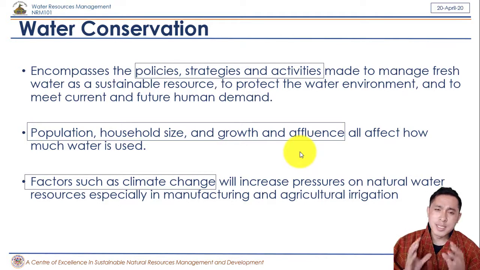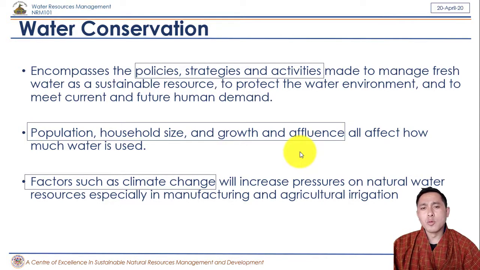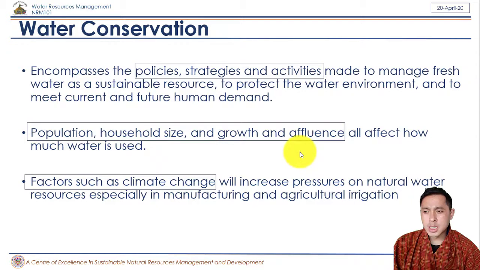Thirdly, there are lots of factors that really affect the water allocation and water utilization, and one of these important factors is climate change. You should be able to see that these days water sources like springs are drying up. It's mainly because of climate change.